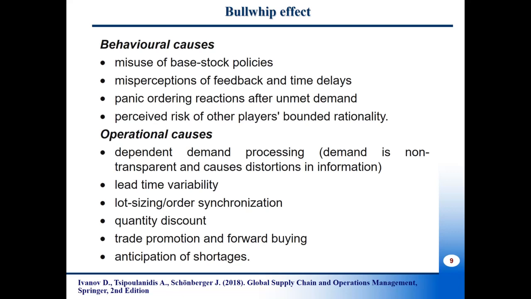About trade promotion and forward buying. Marketing campaigns motivate downstream supply chain members to order more than they need in order to take advantage of lower product prices. Forward buying results from price fluctuations in the marketplace. Manufacturers and distributors periodically have special promotions like price discounts, quality discounts, coupons, rebates, and so on.